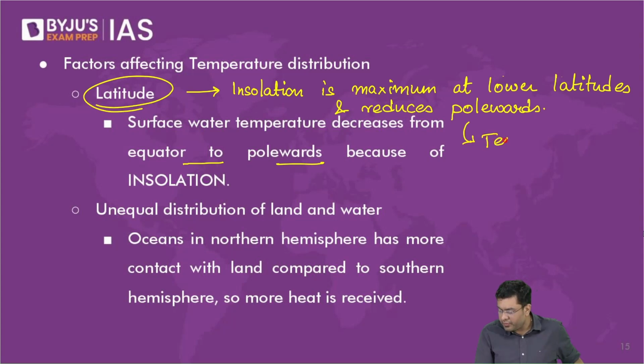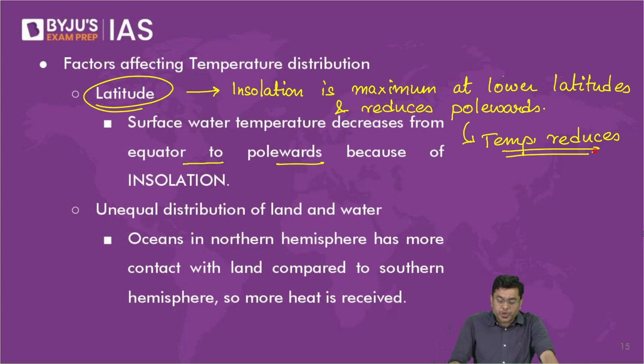Is that the sticking point? Polewards refers to as you move towards the poles. You would have heard the term towards: that person is going towards his home. So polewards is moving towards the poles. So that is where temperature reduces.